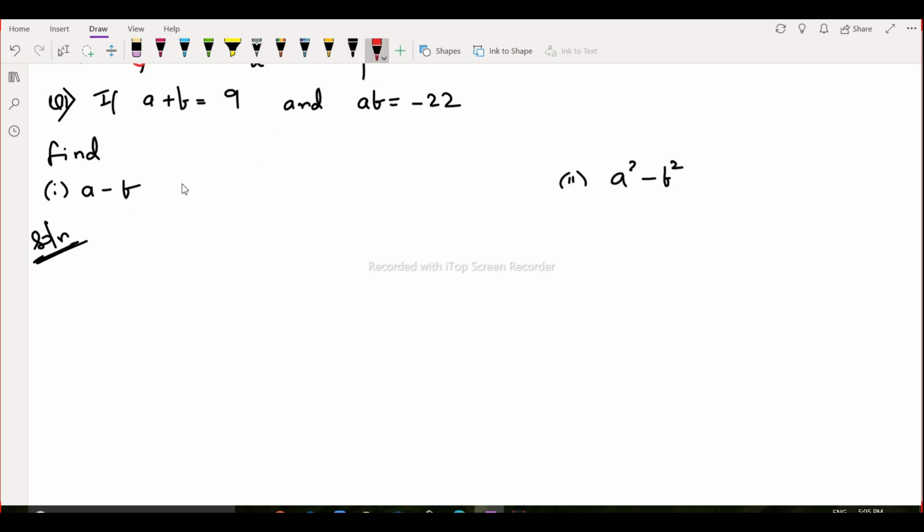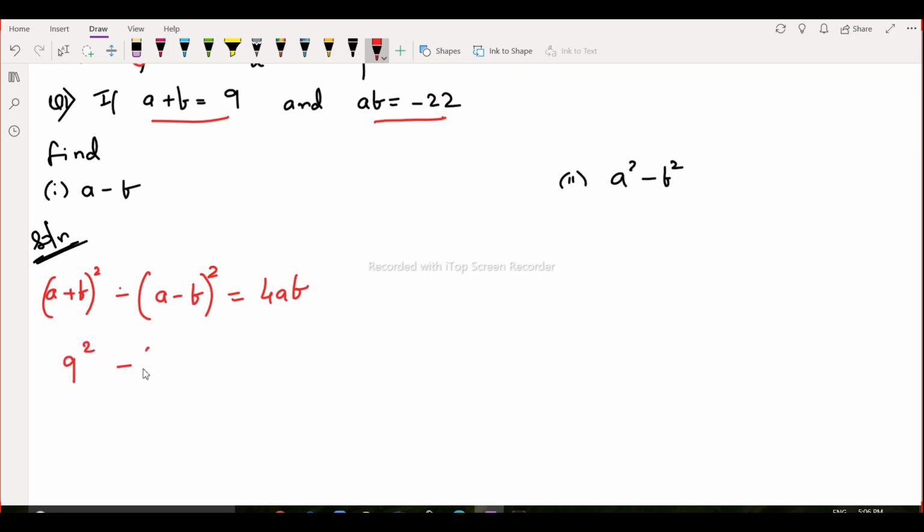So let's start off with the solution. We have a plus b, we have ab. So what can we do so that we can get a minus b? In this case, we'll use the expansion formula which we had, (a plus b) the whole square minus (a minus b) the whole square is equal to 4ab. The reason we are using this formula is because we know a plus b, that is 9.